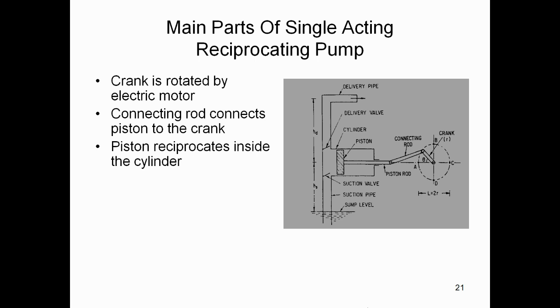Next we can see the working principle of single acting reciprocating pump. Okay. So in a single acting reciprocating pump, the liquid enters on one side of the piston only. So the liquid enters from here.